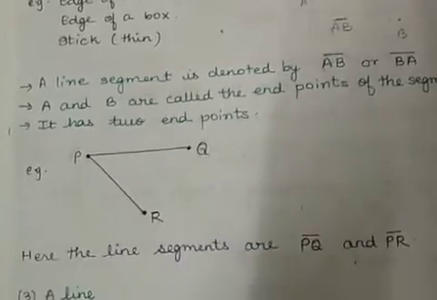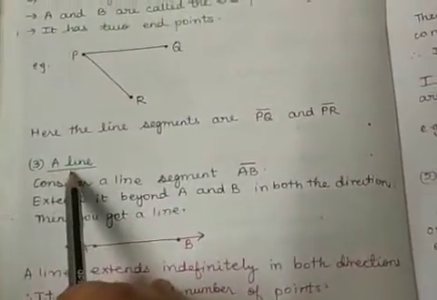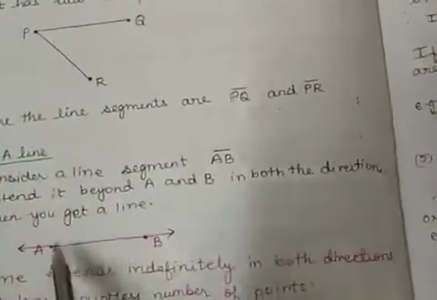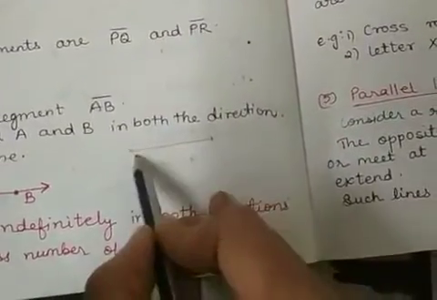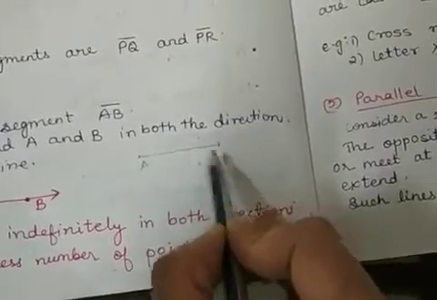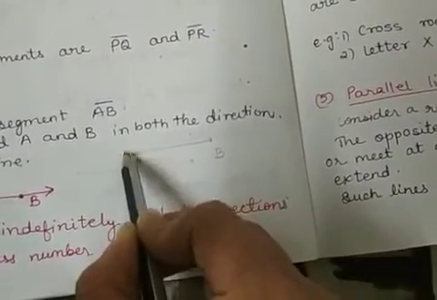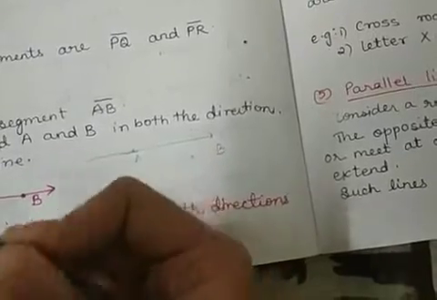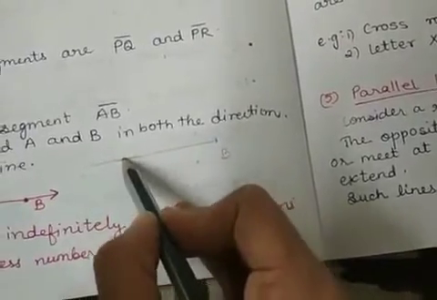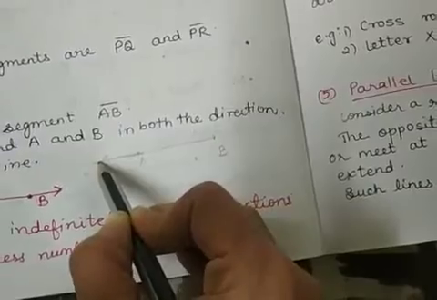The next subtopic is a line. Now let us take the line segment, suppose the line segment AB. Suppose I extend this line segment from this point in this direction, and keep on taking it this side. To show that it is extended, I put an arrow like this.